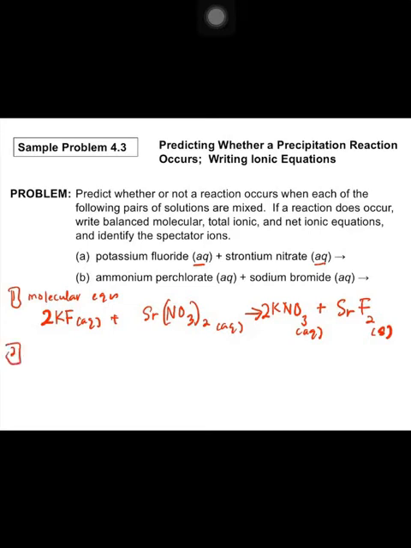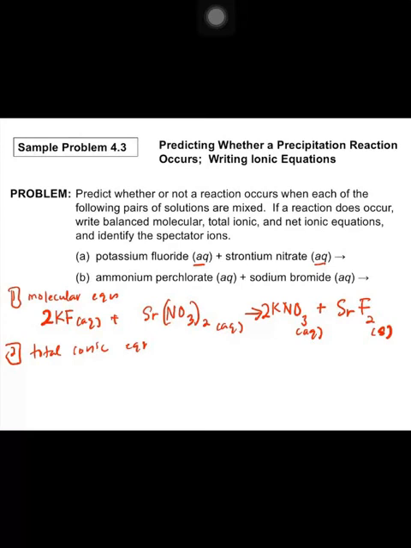Okay, so in the total ionic equation, apa kita kena buat semalam? What we should do in our total ionic equation? Pecahkan madam. Okay, betul. Kita akan pecahkan yang mana? Pecahkan yang physical state dia aqueous.